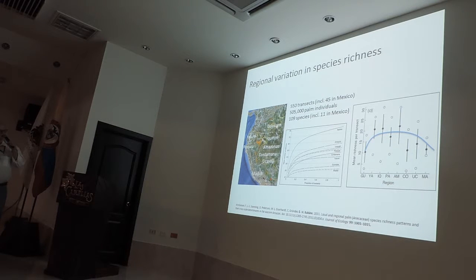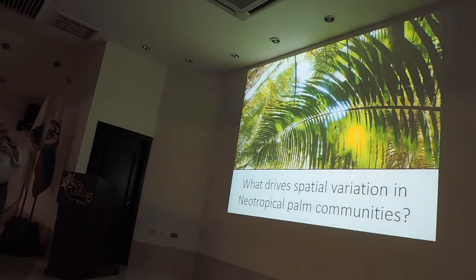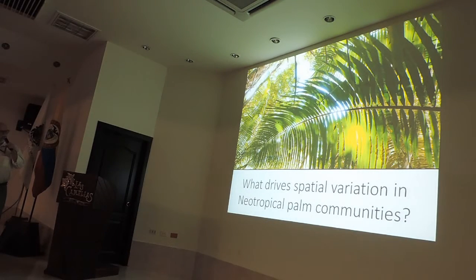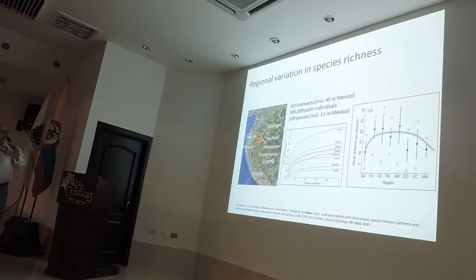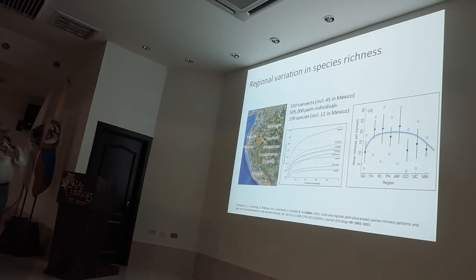So we have a very strong latitudinal gradient of species richness along the western Amazon.